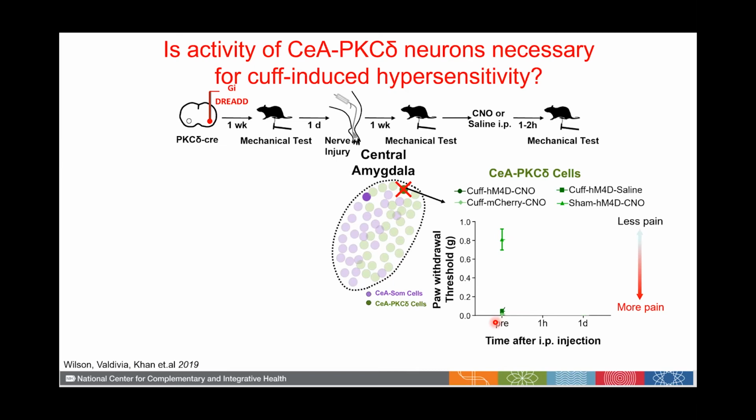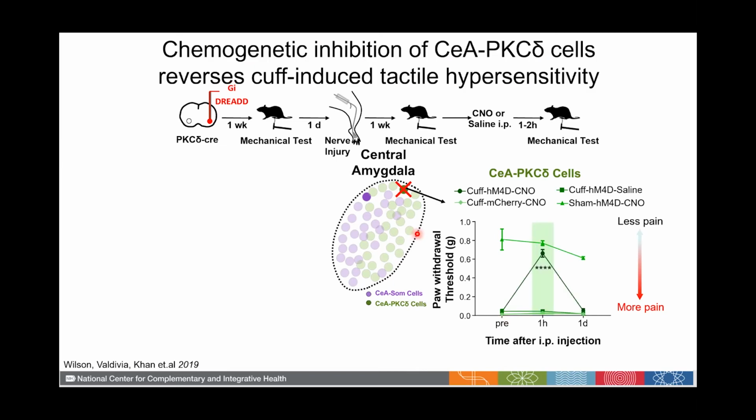Then when we inhibit the PKC delta expressing neurons, we see a complete reversal of hypersensitivity in animals that were treated with CNO. There is no effect on baseline, demonstrating that the modulation of hypersensitivity is specific to injured states, and not just baseline nociception.